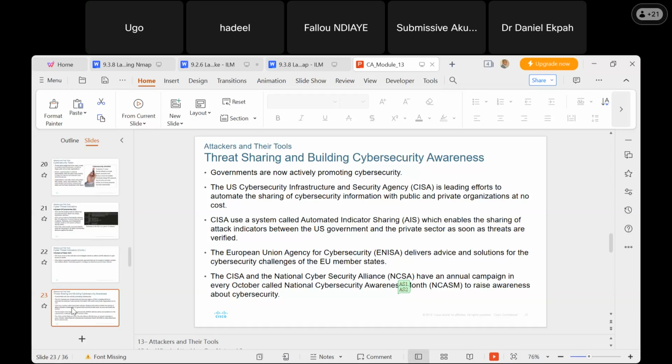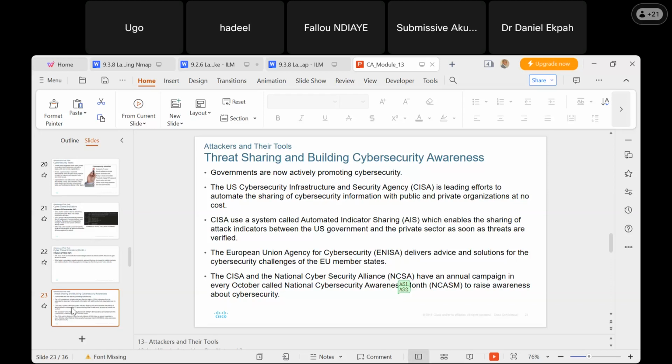And then also, the Cybersecurity Infrastructure and Security Agency uses a system called Automated Indicator Sharing, AIS, which enables the sharing of attack indicators between the US government and the private sector as soon as threats are verified. All this is just to make the public aware of what is happening. The European Union Agency for Cybersecurity also delivers advice and solutions for cybersecurity challenges of the EU member states.